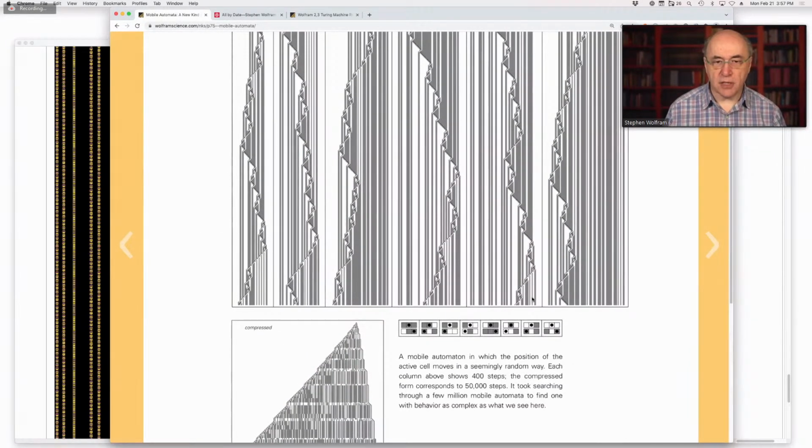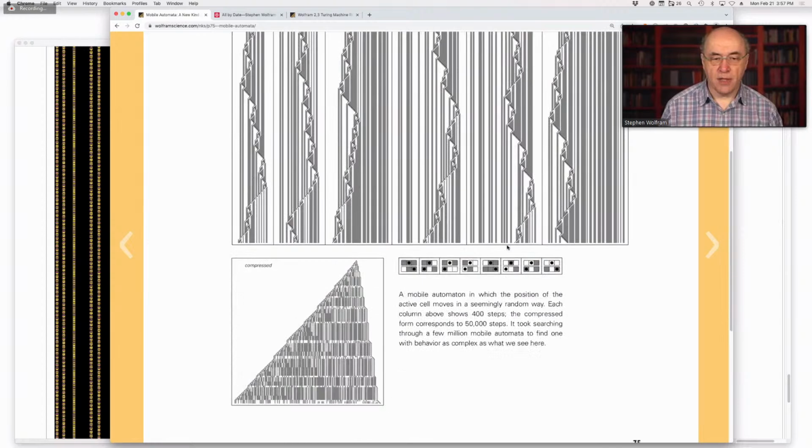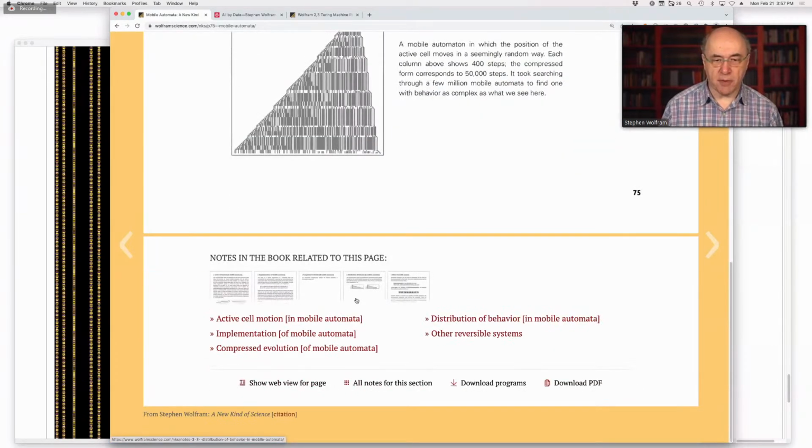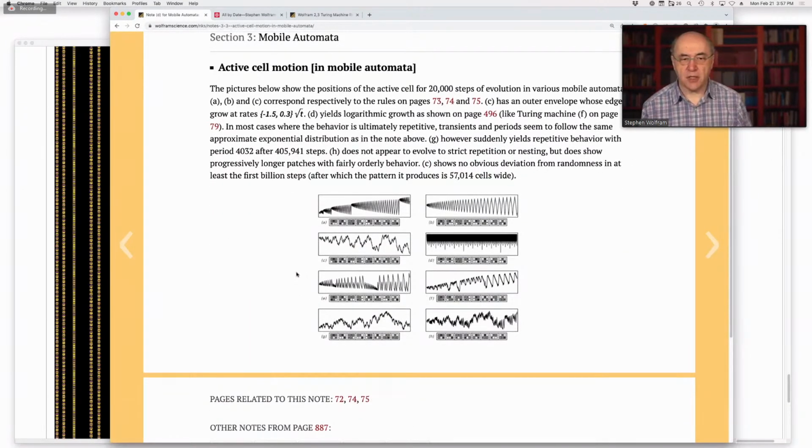Here we go. This is a case where even the head motion, look at that head motion there, or the active cell motion, even the head motion is really random looking. And the behavior you get is correspondingly random. Let's see if I have a picture here. Okay, so there are some random-walk-like traces that you get from mobile automata.